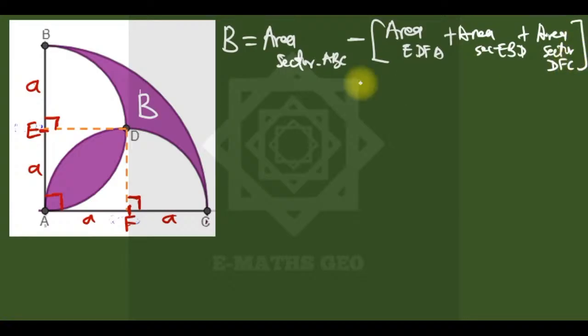So once we subtract this area from the big one, that's B.